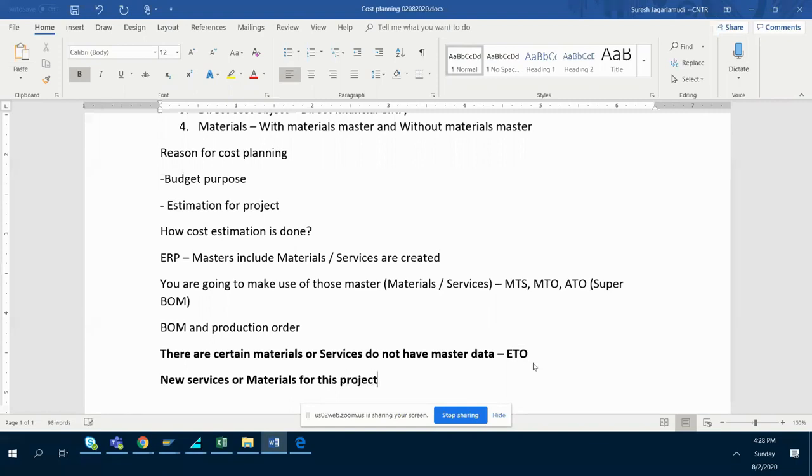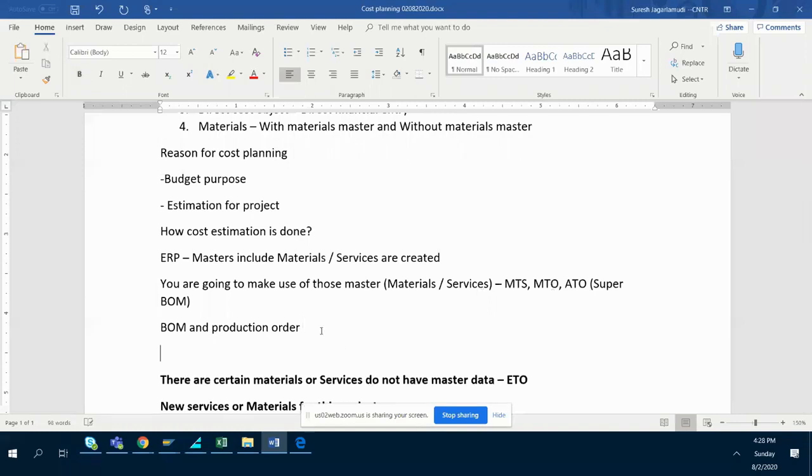Are you getting me? But in this case, it's not required. No new services or material masters are to be created. It is quite the reverse.